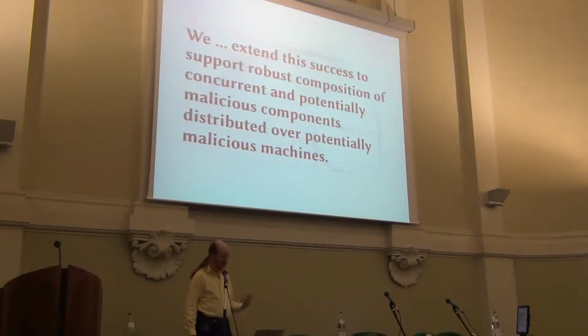So what he wants to do with E is to extend the success of objects to support robust composition of concurrent and potentially malicious components distributed over potentially malicious machines. So he's also introducing distribution with E, as well as concurrency.